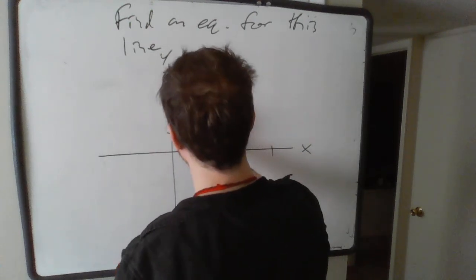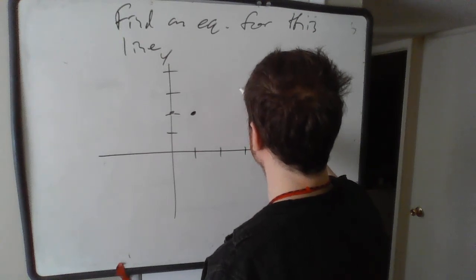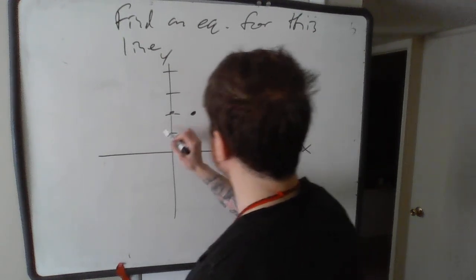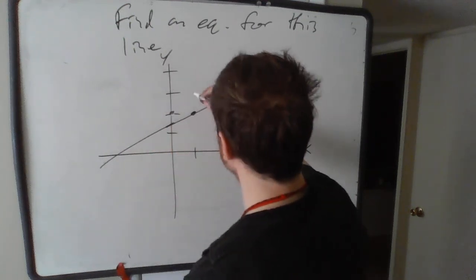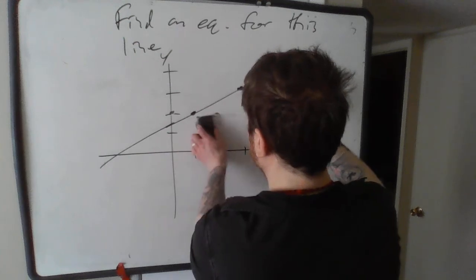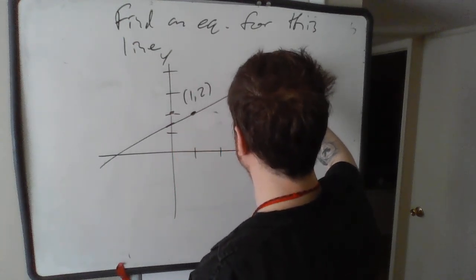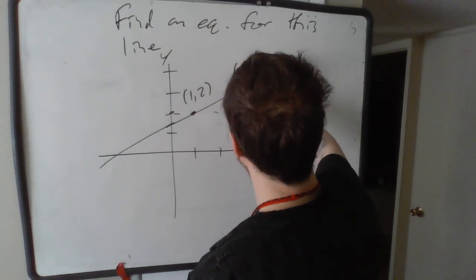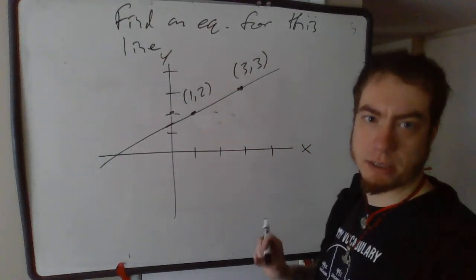Suppose that we go through that point and then we go through this point and you see a line that looks something like this, and we know that it goes through the point 1, 2. Actually, let me put the label up here. And we know that it goes through the point 3, 3. And I ask you to find an equation for this line.